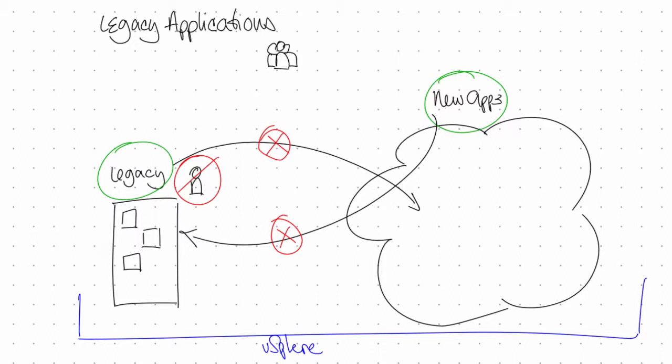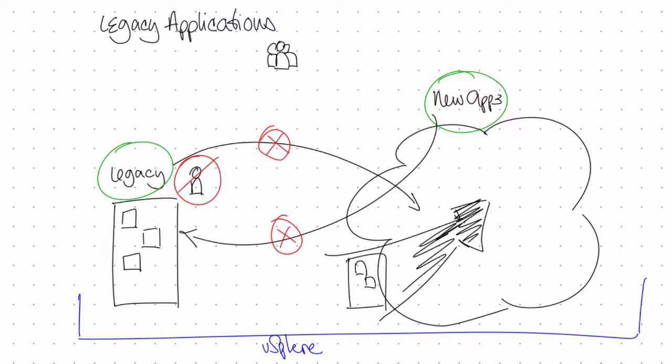Because inside of vCloud Air, you're getting a vSphere data center for rent. That means all of the functionality that you would normally have, high availability, fault tolerance, this is all built in and it doesn't cost extra.